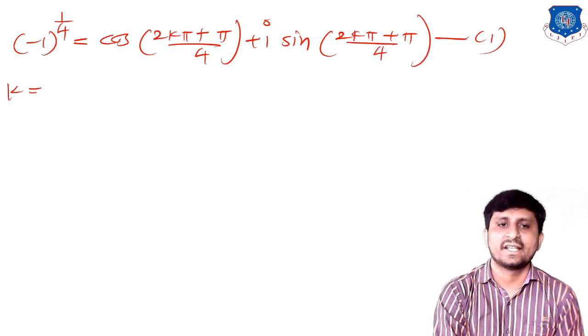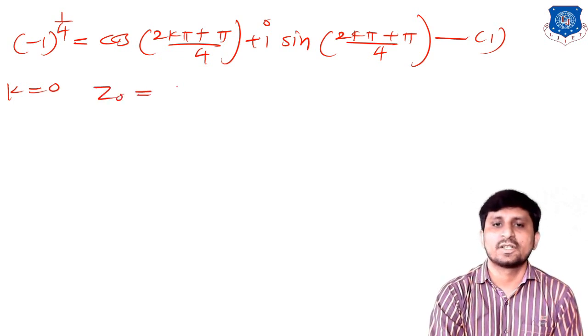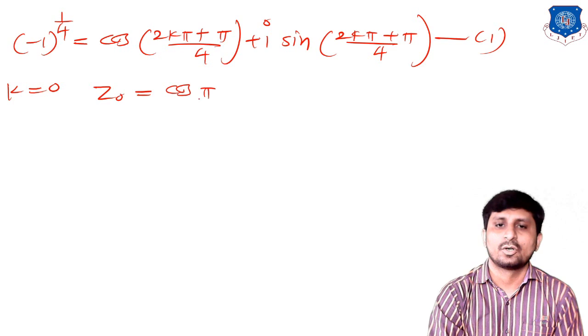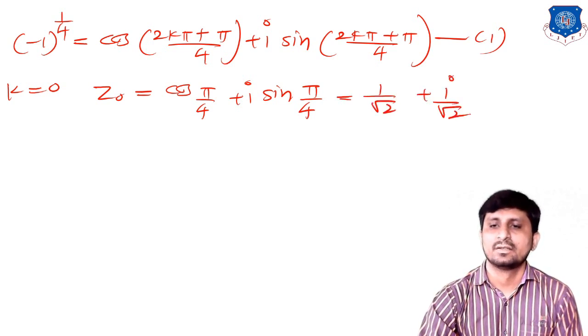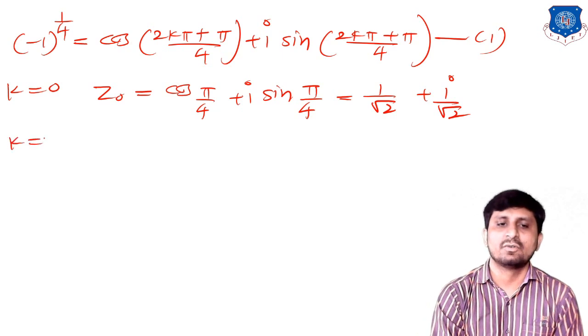Now first of all I take k equal to 0, so call it z0. So that is cos pi by 4 plus i sin pi by 4, clear, and that is equal to 1 by root 2 plus i by root 2.